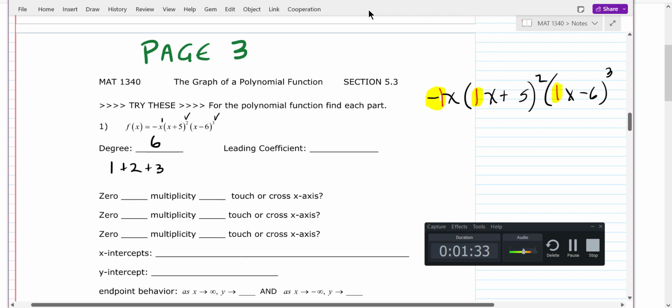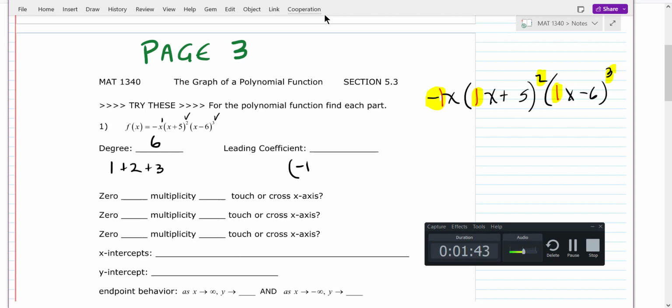You do have to pay attention to those exponents too, because if you don't, it'll probably mess you up. So we're going to take -1, multiply that by 1 to the second, and then multiply that by 1 to the third. Thank you, Crystal. Then just work that out. So that would be -1 times 1 times 1.